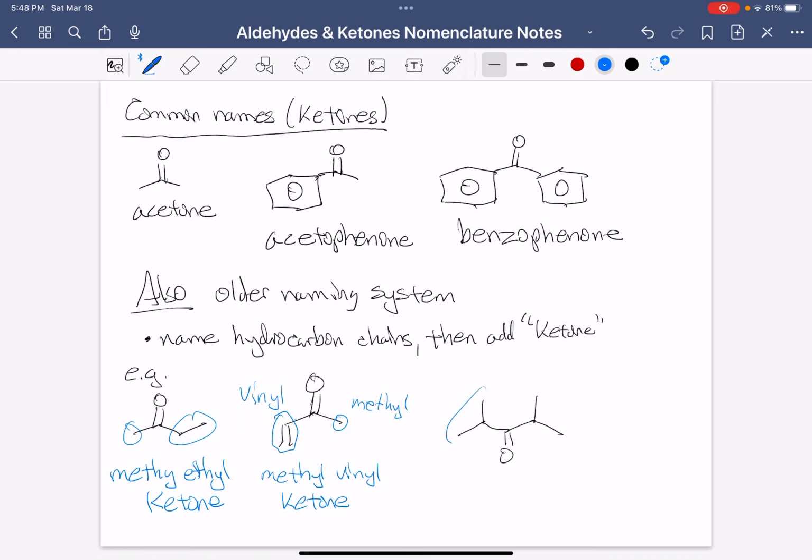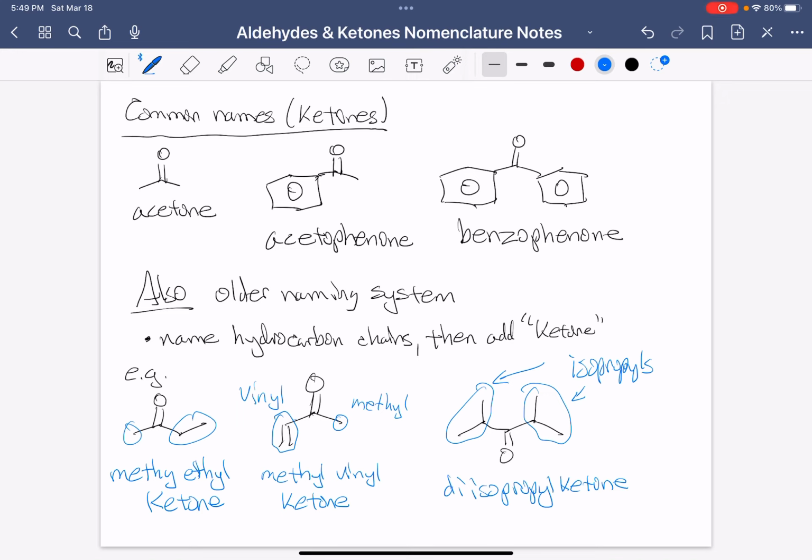And now we've got 2 isopropyl groups. So this would be diisopropyl ketone.